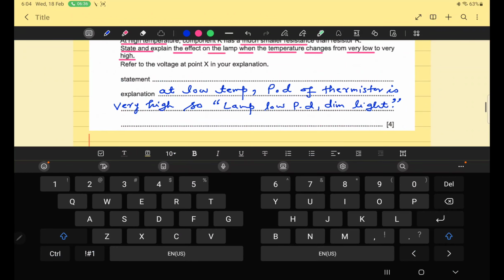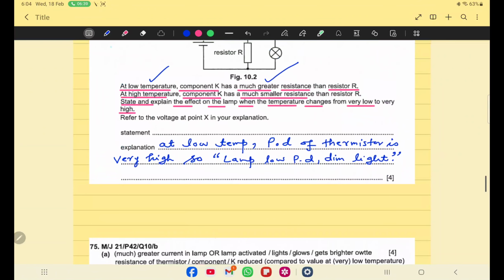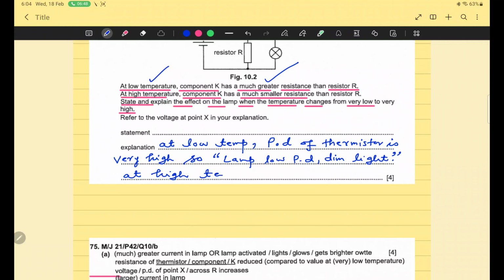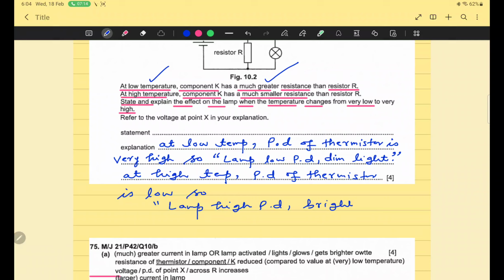But when the temperature changes, conversely, at high temperature, the PD of the thermistor is low, so the lamp has high PD, bright light.